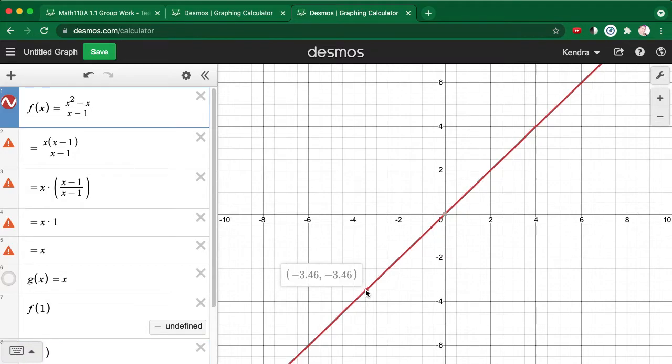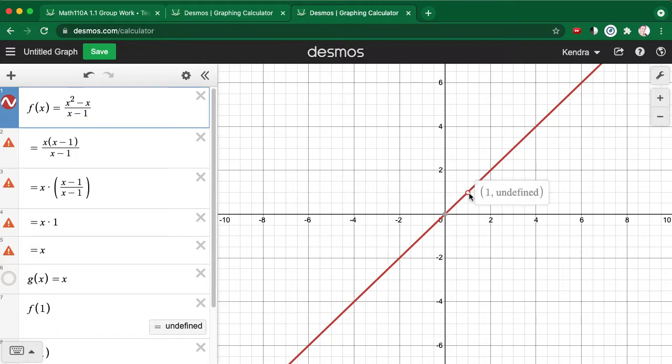And one thing that you can do is if I click and hold on a point here, then I can actually drag and see different points on this graph. And if I come up to where 1 is, the input value of 1, you see that the point becomes an open hollow point now, as opposed to a solid point here.